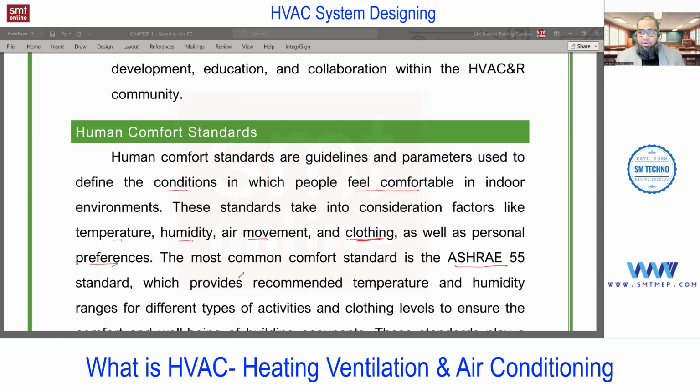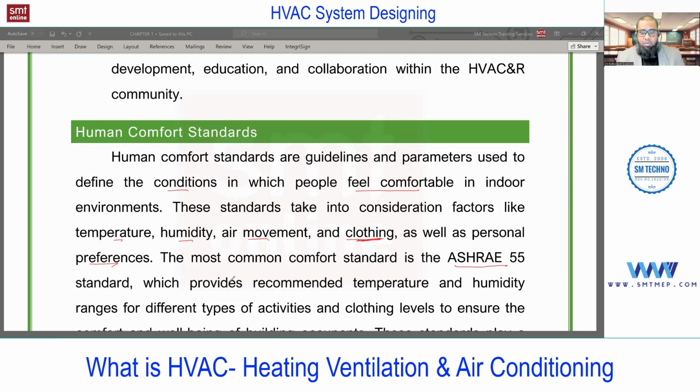Feeling comfortable also depends on health and food type. For example, if a person is eating higher calorie food, his body will release more heat. The rate of heat release differs from person to person depending on food, clothing, health condition, and even age.